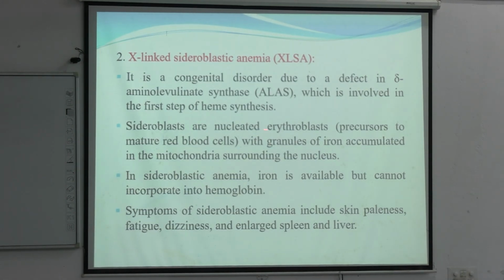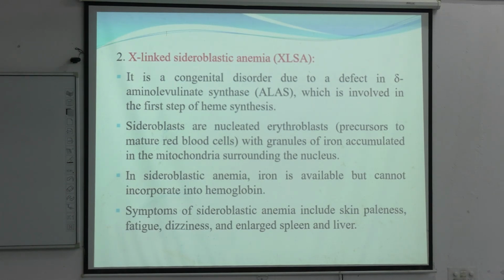So sideroblasts are nucleated erythroblasts or precursors of mature RBCs, where the irons are accumulated surrounding the nucleus, in the mitochondria, and because ALA synthase is defective, although there is iron, the cell cannot produce heme.